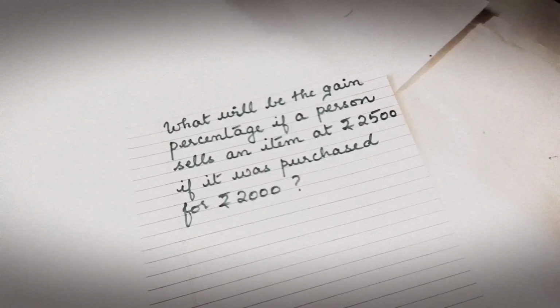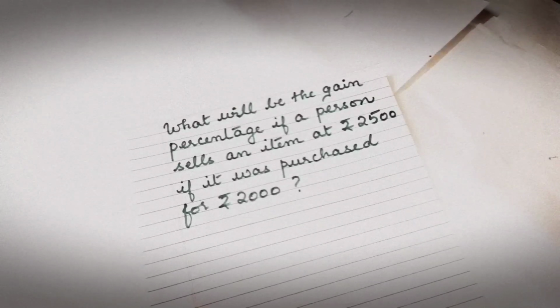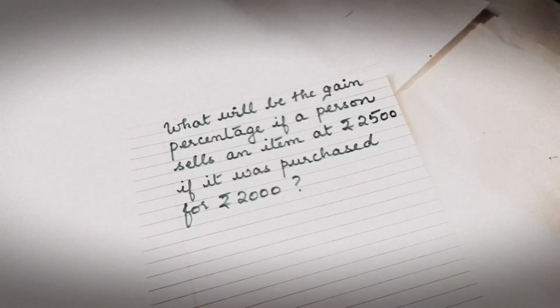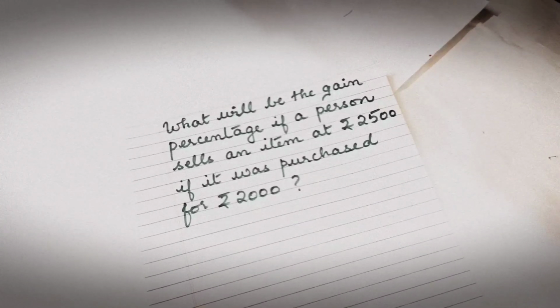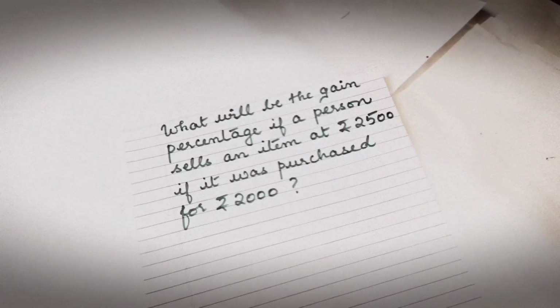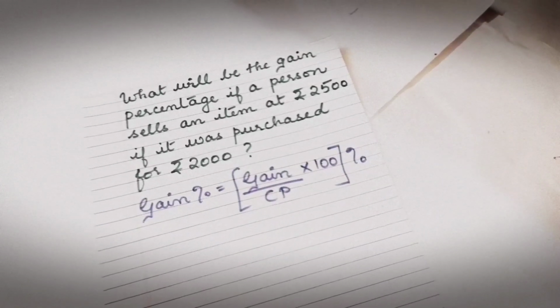In this problem, we are given the cost price and the selling price. The cost price is rupees 2000 and the selling price is rupees 2500. As the selling price is greater than the cost price, the person will obtain a gain or a profit.